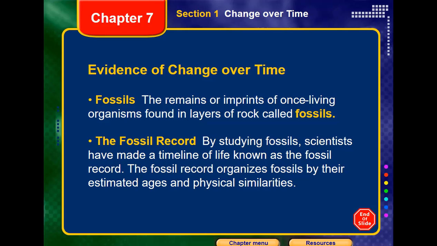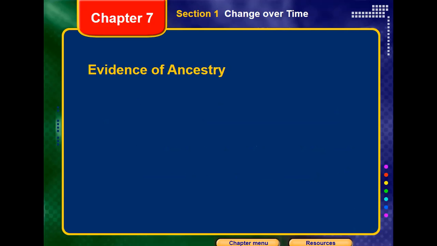Then they start to put these fossils in a record, in a sequence, based on the age and the type of living organism they found. Then they compare these fossil records to each other, and they get a lot of hints.